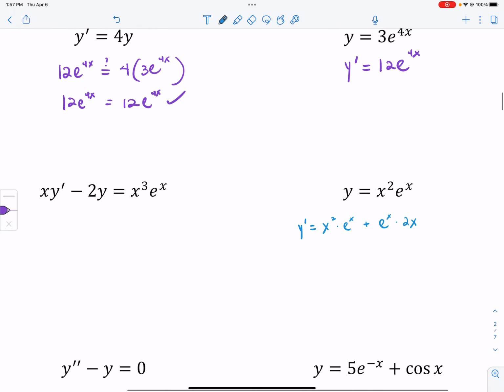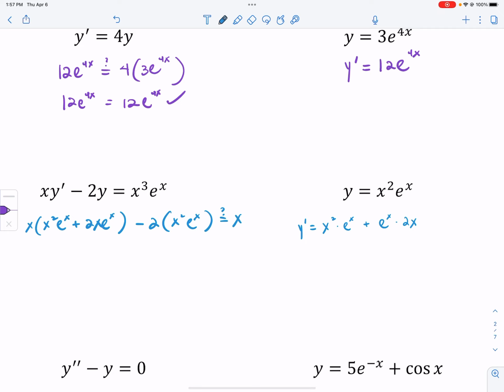Okay, so now let's plug y prime and y in. So we'll have x times y prime, minus 2 times y. This is also just practicing your algebra skills. And then is that equal to x cubed times e to the x? Let's see.